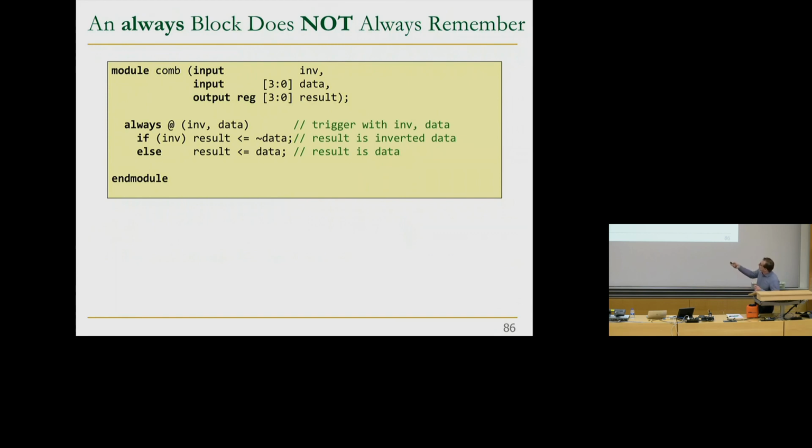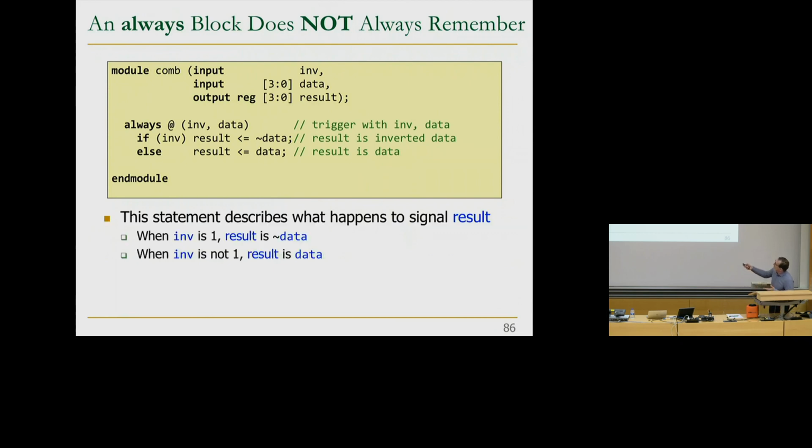So whenever invalid and data change, the result gets assigned some value. This is a combinational circuit because when invalid is 1, the result gets assigned the negated data value. Otherwise, the result gets assigned the data value. And this happens whenever invalid and data change, whenever both inputs change. Well, what is this? It's a combinational circuit, right?